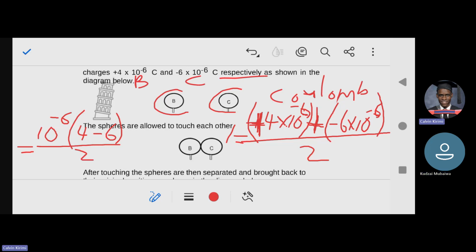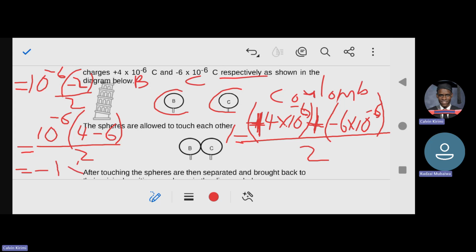Then there's a 2 down there, so divided by 2, the answer is negative 1.